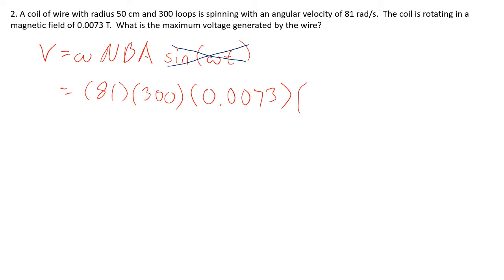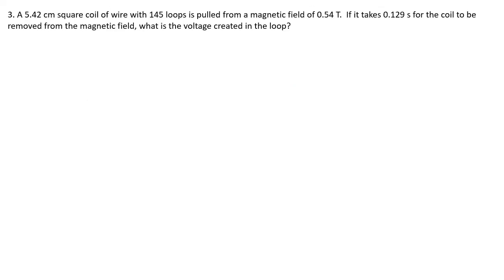We have the radius is 50 centimeters, but again, we need to convert that to meters. So it's going to be pi times 0.5 quantity squared. And that's going to be the maximum voltage generated by this, and we should get 139.3 volts.